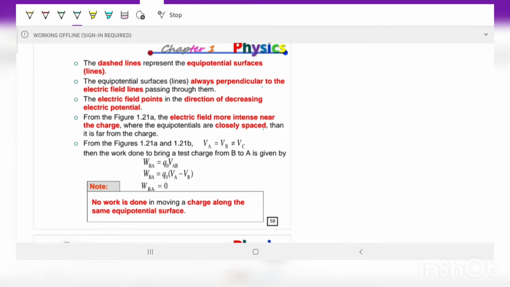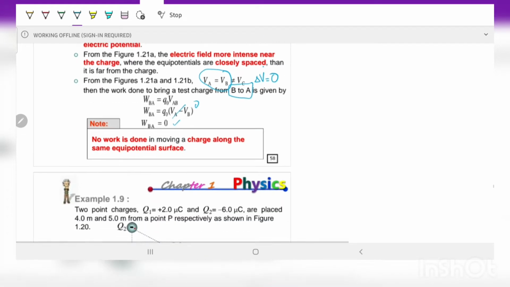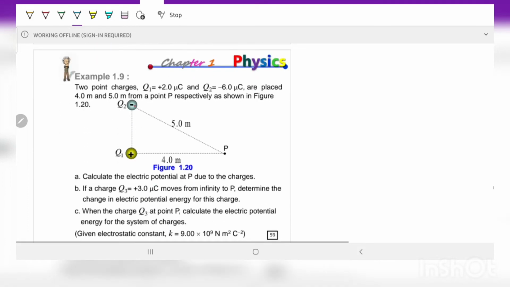So kalau dia berada pada equipotential yang sama, since dia punya VA sama dengan VB dekat sini, so bermaksud dia punya delta V sama dengan kosong. So VA tolak VB sama kosong, so kita akan dapat work done-nya juga adalah kosong. Note over there, no work is done in moving a charge along the same equipotential surface. So ini konsep kita.